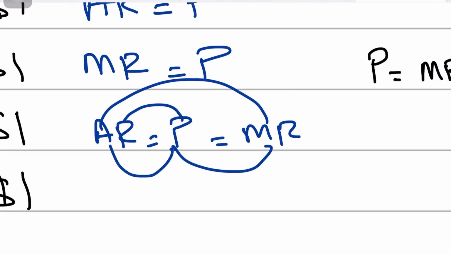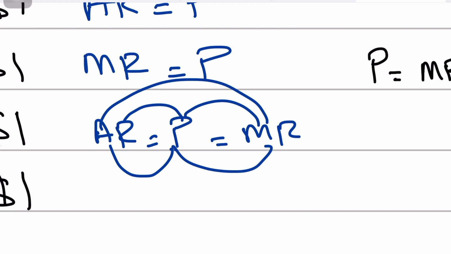If average revenue equals the price, and if the price is equal to the marginal revenue, because each time you sell an additional unit, the incremental revenue that you're gaining is equal to the selling price in a perfectly competitive market, because all incremental units are sold at the same selling price.